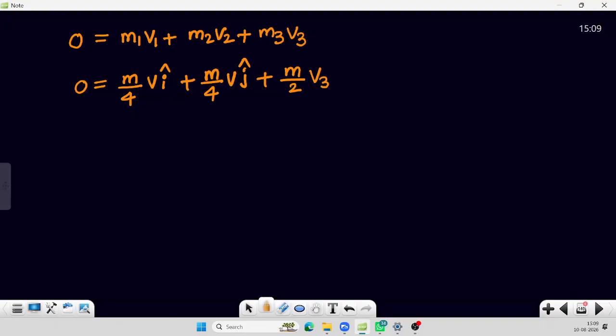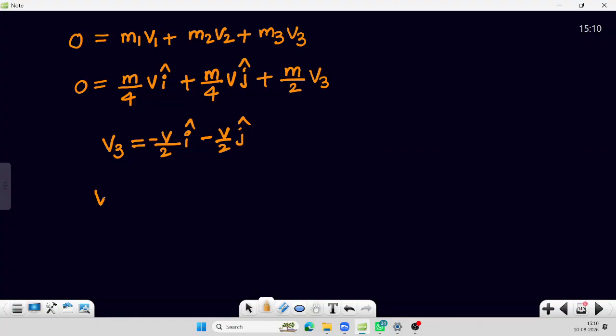Now all the M will get cancelled, and the V3 value will come to be minus V by 2 into i cap minus V by 2 into j cap.